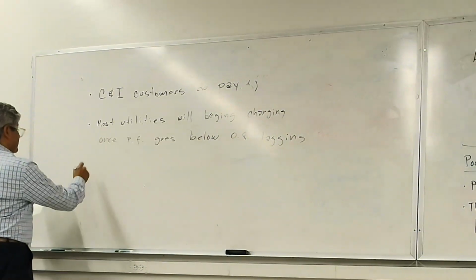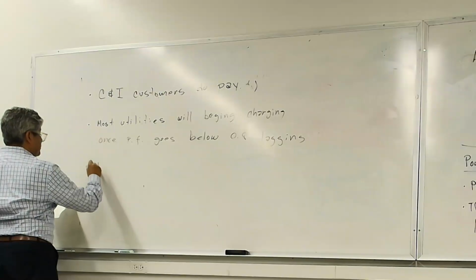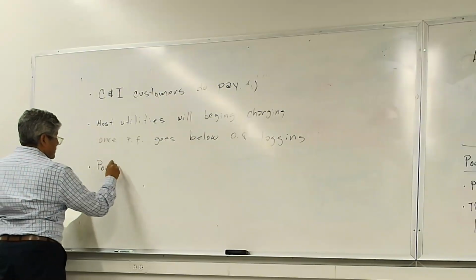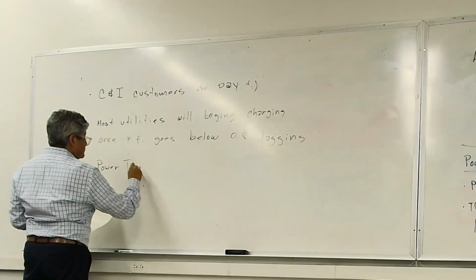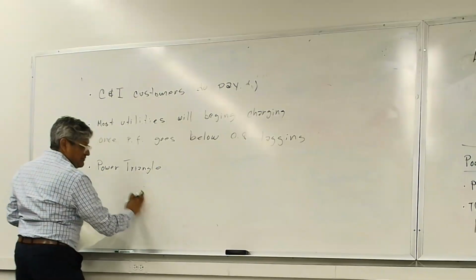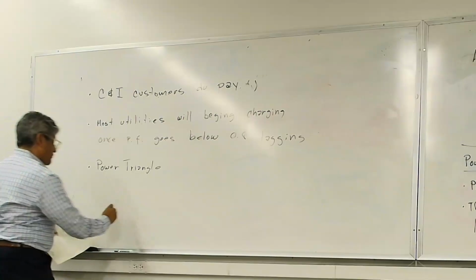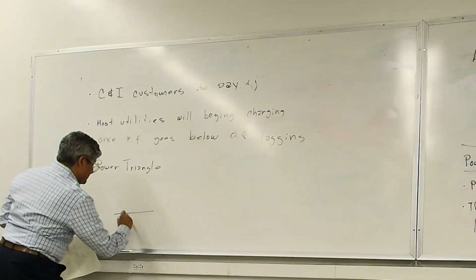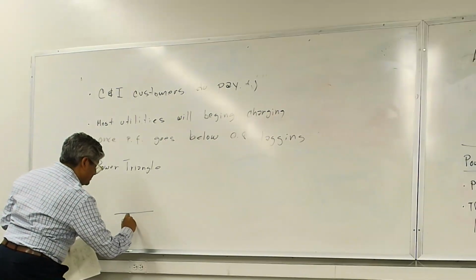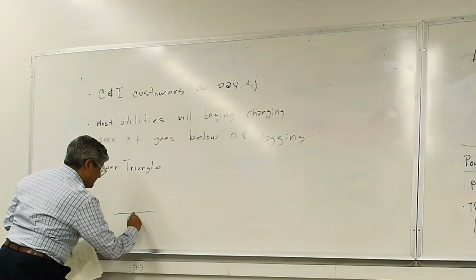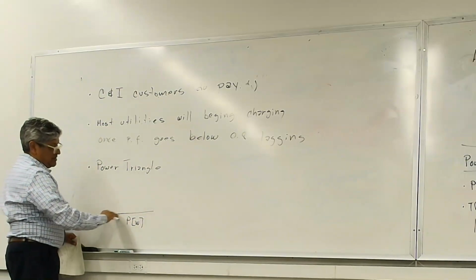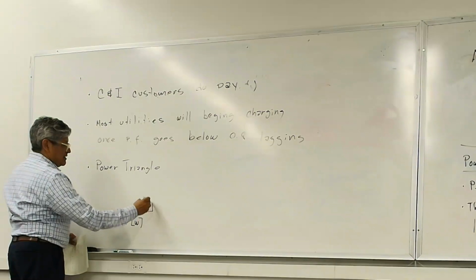Last but not least, and then I'll give you some formula, is what we call the power triangle. Power triangle is a very common thing in power systems. P is your real part, or watts. That's a measurement along the x-axis.